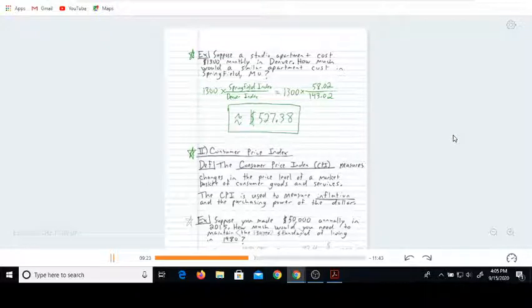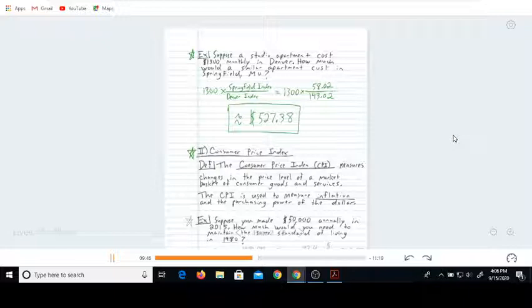Naturally, $100 today cannot buy you the same amount of groceries as $100, say, 20 years ago. The purchasing power of the dollar has changed across time. So we can use the index numbers in the CPI, which stands for Consumer Price Index, to adjust for inflation.